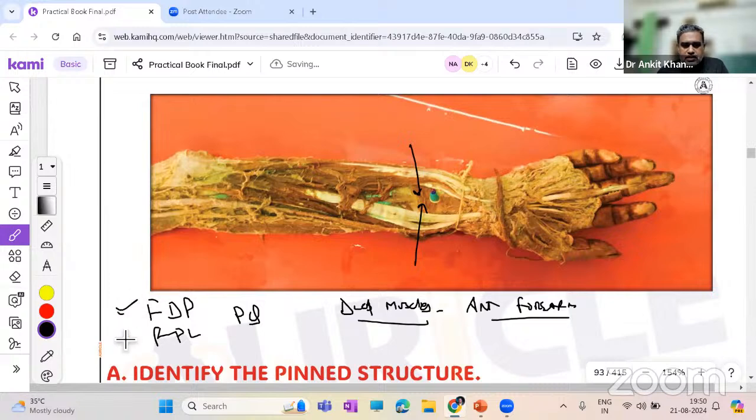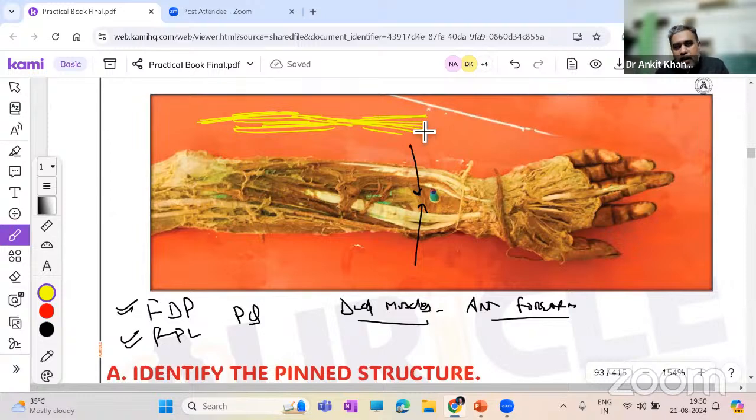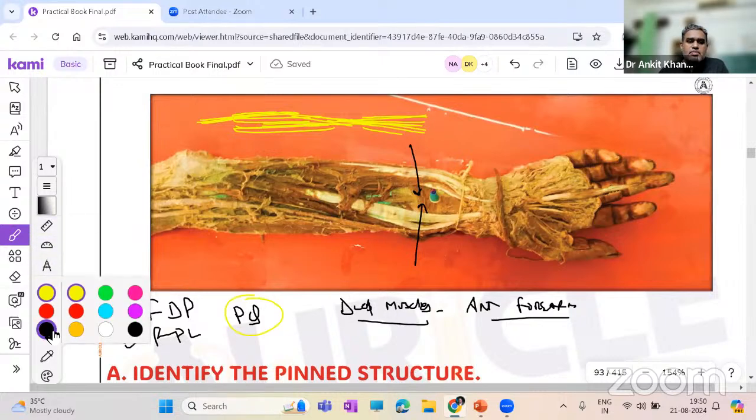These 2 muscles, flexor digitorum profundus and flexor pollicis longus, are huge bulky muscles, and then they distribute tendons which go into the individual fingers. Pronator quadratus is between the radius and ulna. This over here is the pronator quadratus muscle, and it is near the lower aspect.